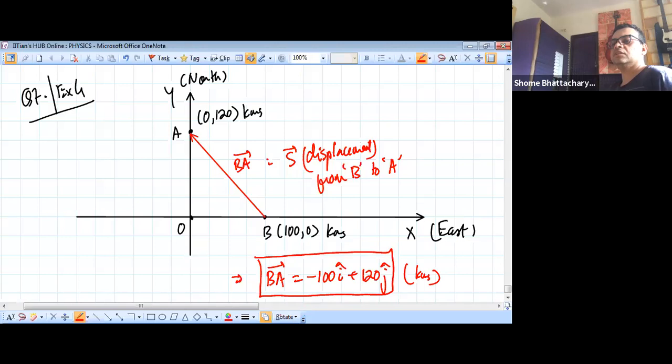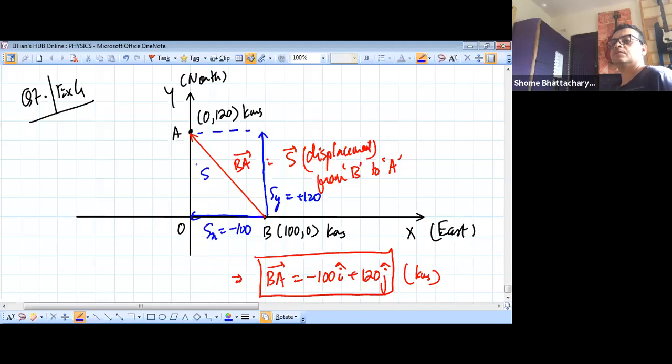Because you can clearly see that for this vector, when you drop the x component of it, that's this one. And when you drop the y component of it, it's this one. So the x component of the displacement is -100. It's pointing along the negative x direction and its magnitude is 100. Whereas the y component of that displacement vector is +120.